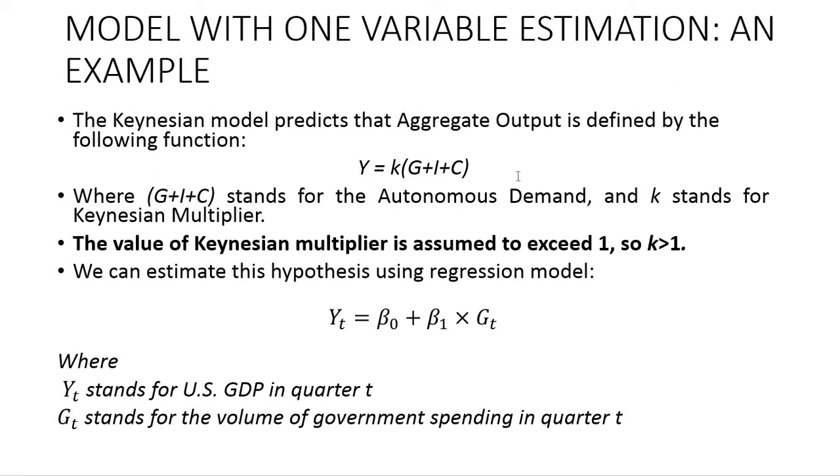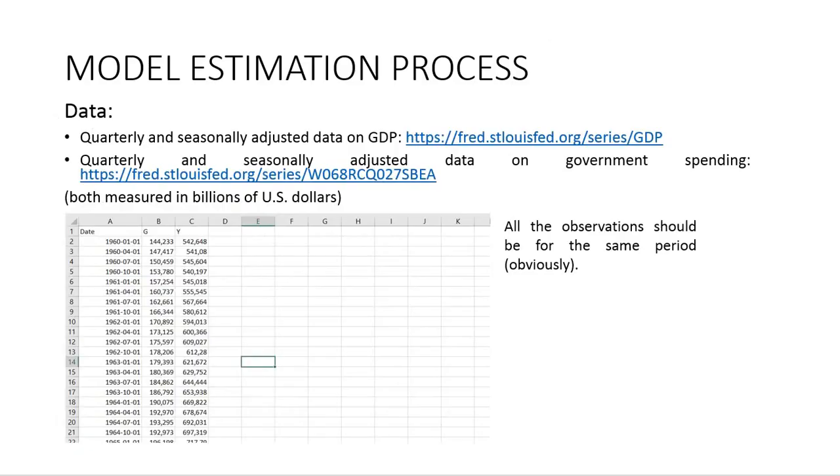So as you can see, we design a mathematical model, we establish a statistical model, and here you can see how this data set looks, as well as the sources for the data. So as you remember, in a time series data set, we have the date in the first column and then the dependent variable and independent variables in subsequent columns.